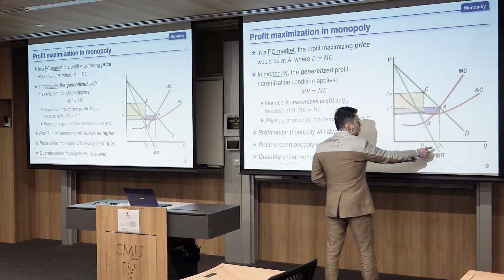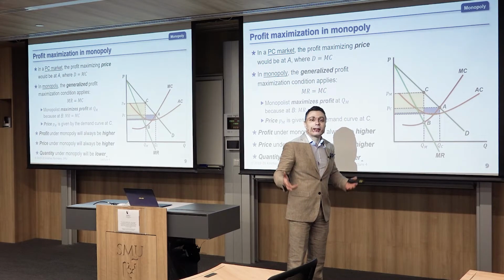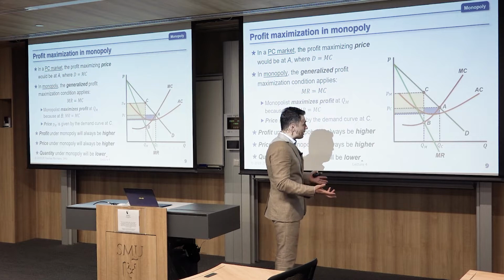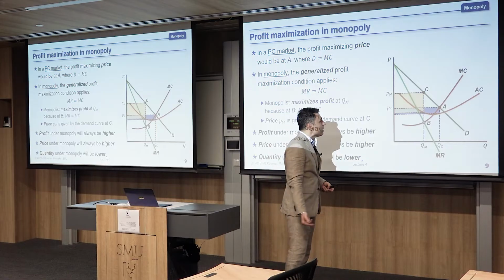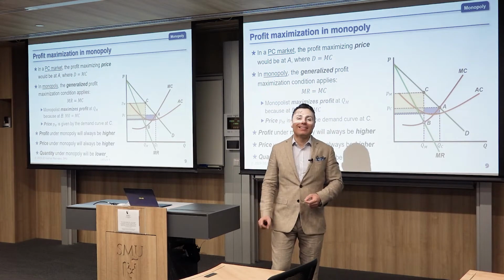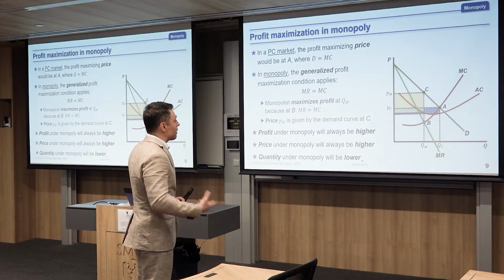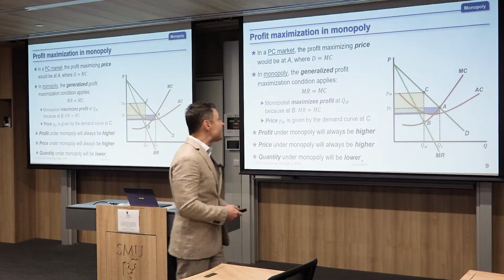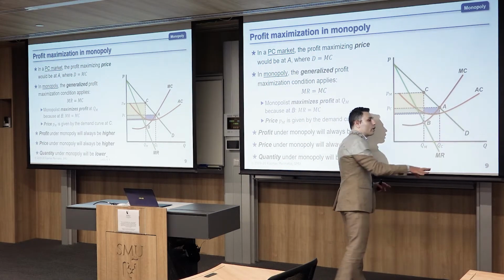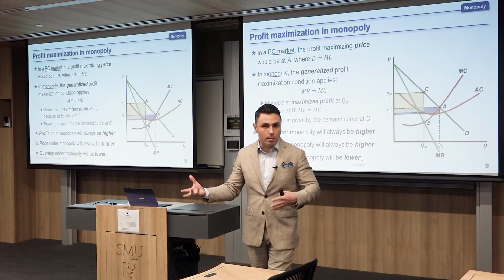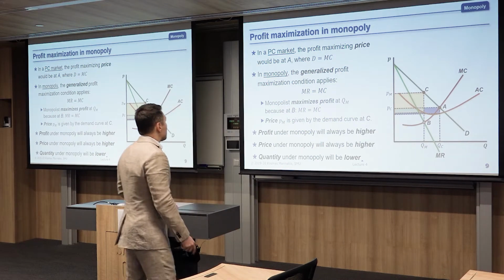If you want to sell quantity QC, you can only sell it at a price of PC, at the height of A. If you restrict quantity to QM, then you can climb up to a point like C, and there you sell less and can offer it at a higher price, and consumers will take it because you rule out the consumers with weaker preferences and sell only to the wealthy or the enthusiasts.